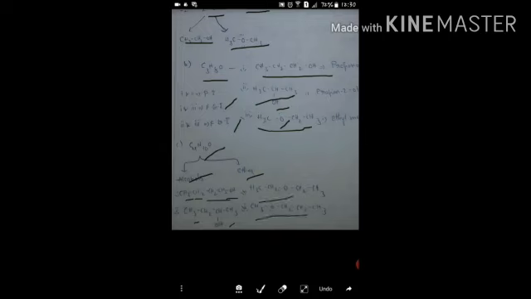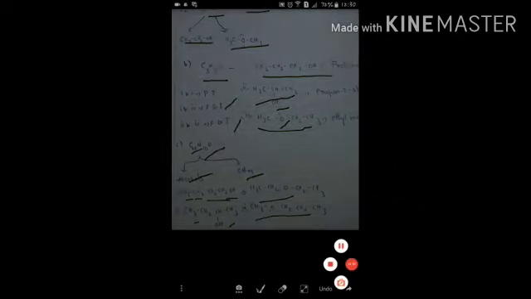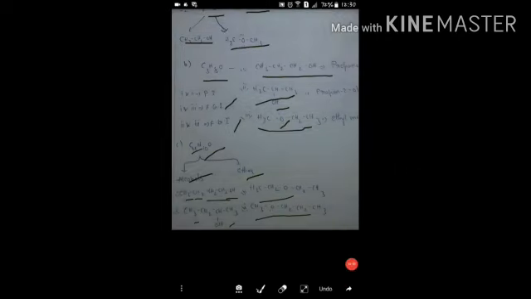We can also write this type of ether for this molecular formula, and we have another type of structure also. I will show you now. Wait for 1 second.